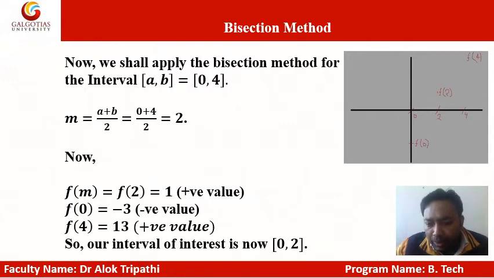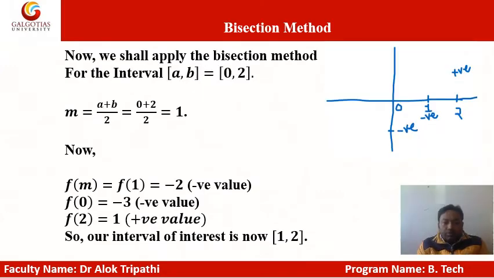And at the midpoint, that is at x equals 2, the value of the function is again lying above the x-axis, meaning it is a positive value. Therefore, our interval of interest will now be 0 to 2, because the intermediate value theorem guarantees that the root of the function f of x equals x square minus 3 will lie in this interval.